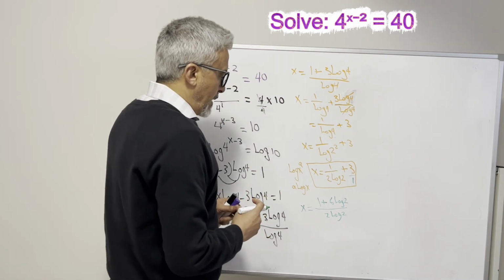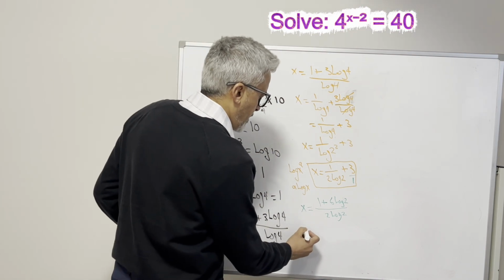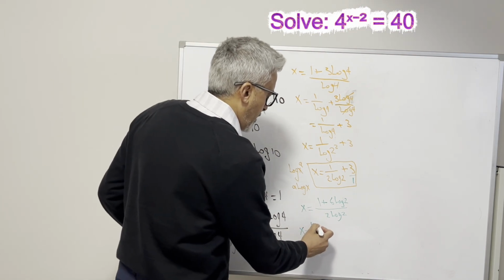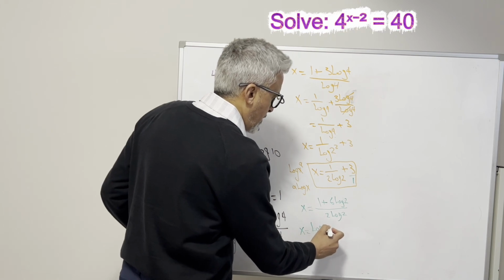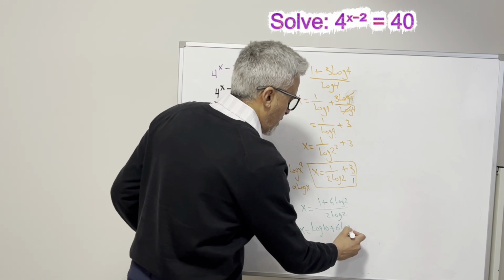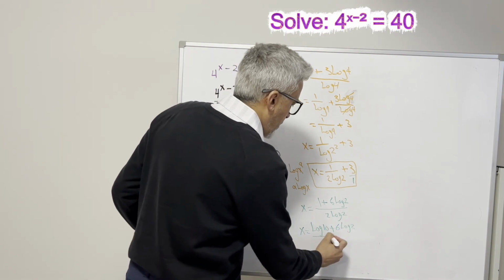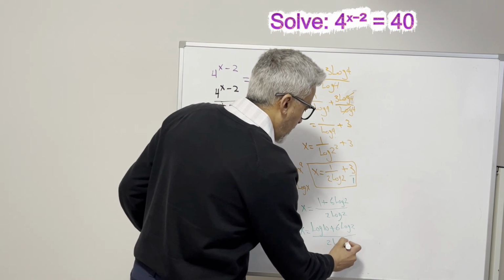Also, I'm going to manipulate further by making the 1 log 10 plus 6 log 2 all over 2 log 2.